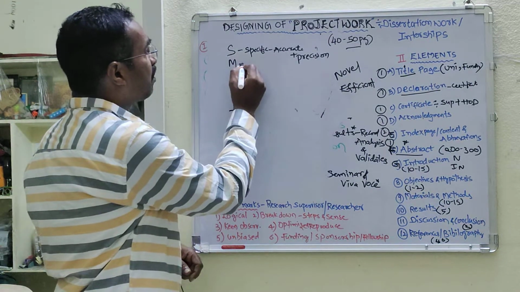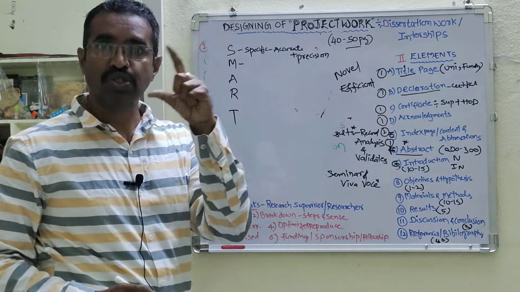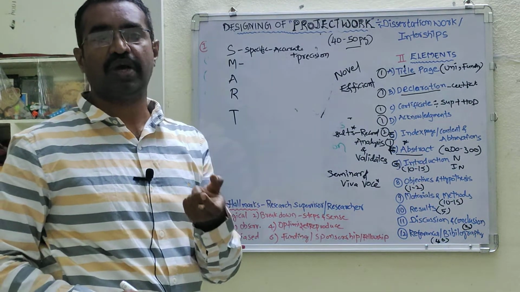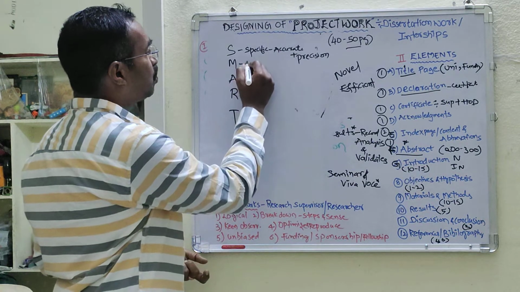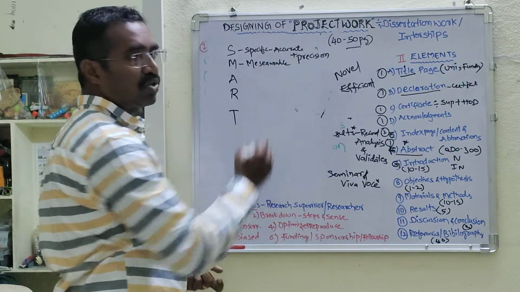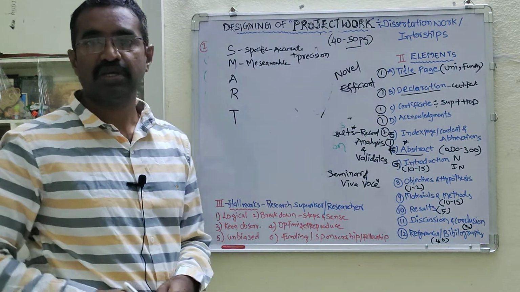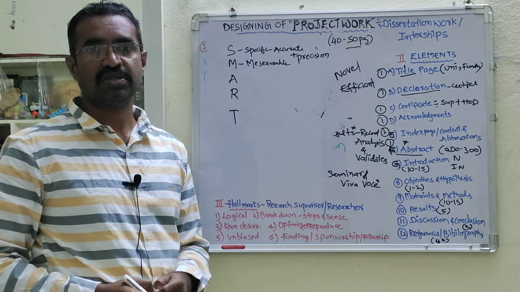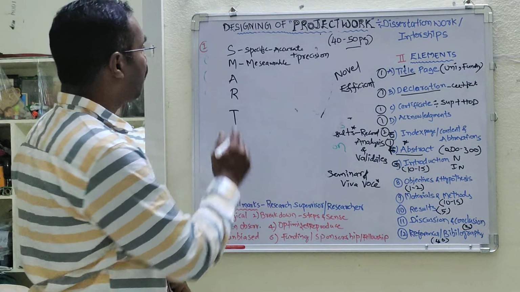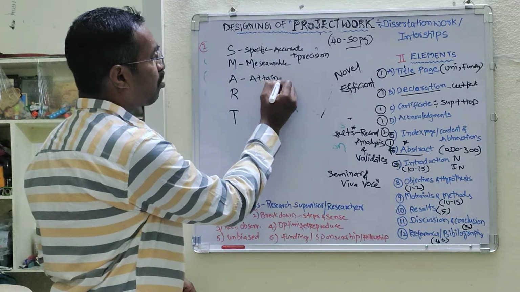Then measurable. Is your research problem big or small, and in how many days are you going to achieve it? It should be measurable. You cannot take big problems and solve them within 45 to 60 days. Then whether it is attainable or not is also very important.